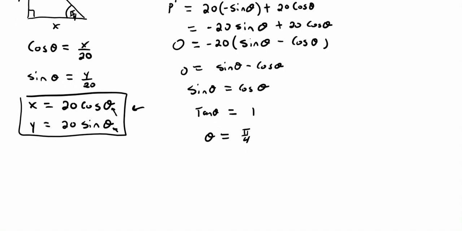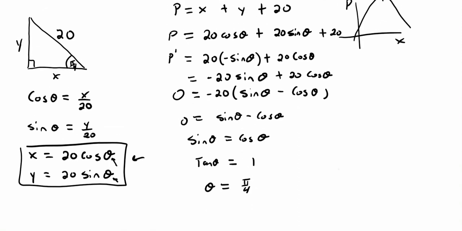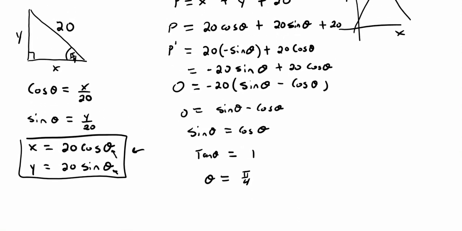Now, what's left to do next is just put it back into the perimeter equation. I'm really looking up to here, and we're just going to be throwing in pi over 4 there. So the perimeter would be 20 times, and then cos pi over 4 is root 2 over 2, or 1 over root 2. We'll write it as root 2 over 2.